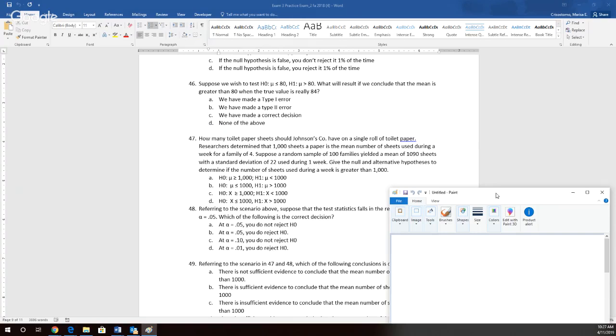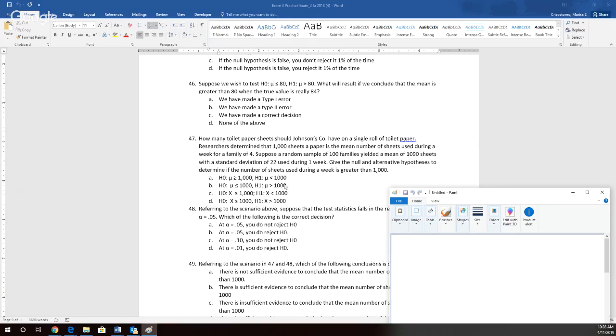Okay, so again, in order to answer this, I would like to look back at what our null and alternative hypotheses are. The alternative hypothesis is what you're trying to claim. In this case, we're trying to determine if the number of sheets is greater than 1,000. So which one says that the mean is greater than 1,000?